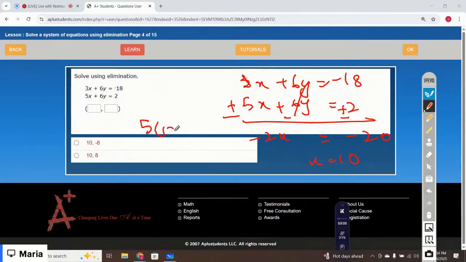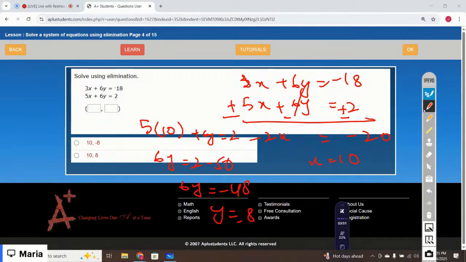5 times 10, that is 50. 6y equals 2 minus 50. 6y equals negative 48. So y equals negative 8.